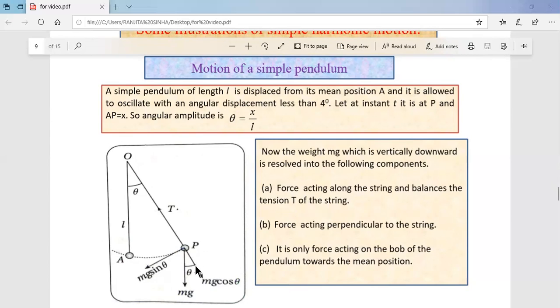So mg cos theta balances the tension T. Next, the force acting perpendicular to the string is the force acting on the bob of the pendulum towards the mean position. So this is the force mg sin theta, and it brings back the pendulum to its initial position.